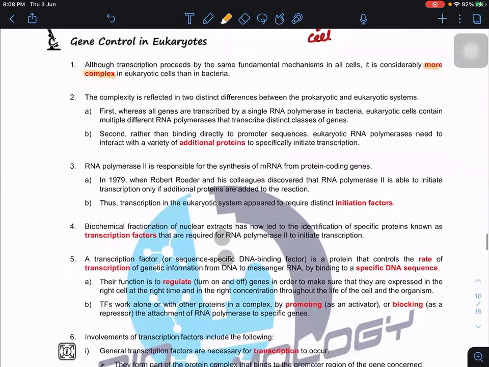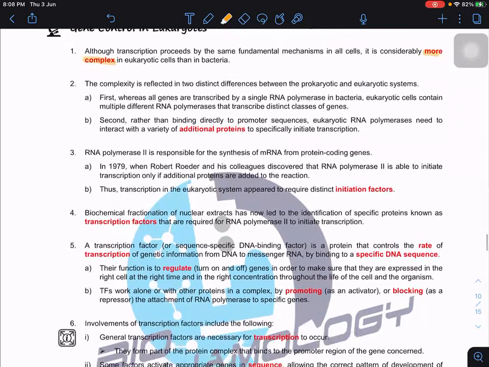First, all genes are transcribed by a single RNA polymerase in bacteria, but eukaryotic cells have multiple different kinds of RNA polymerase. Second, rather than binding directly to the promoter, the RNA polymerase needs an additional protein.